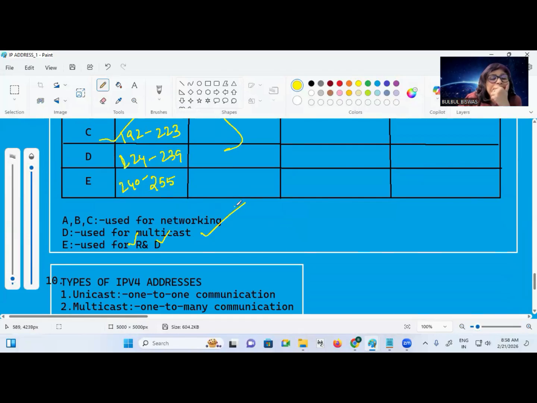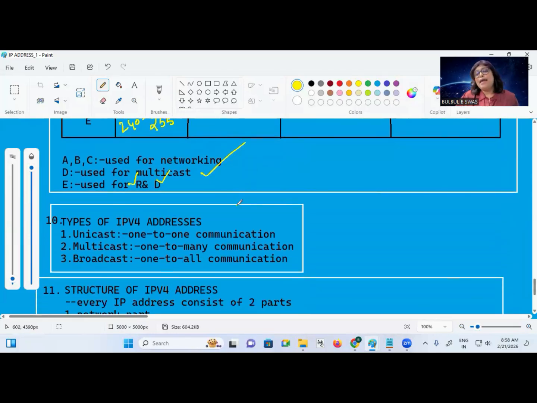Fine. Now the question, in this IPv4, is what types of addresses are there. Basically these are the 3 types of addresses: unicast, multicast, broadcast. In the networking world, if one device is communicating with one device, it is one-to-one, that is unicast. If one device is communicating with several devices, that is one-to-many, that means multicast.